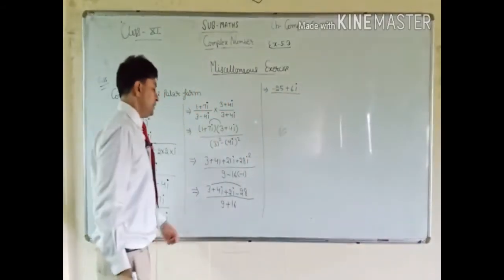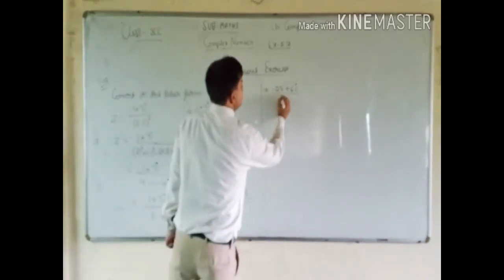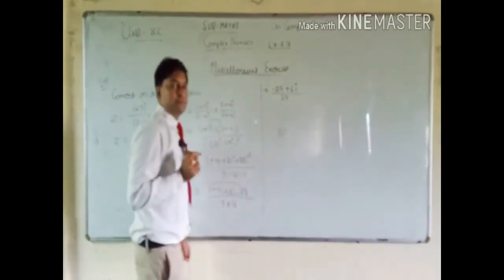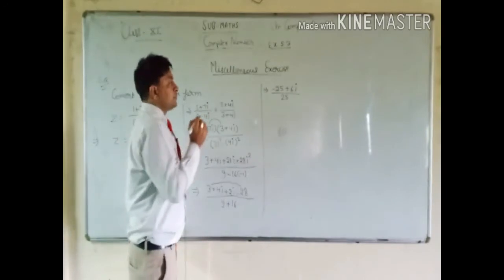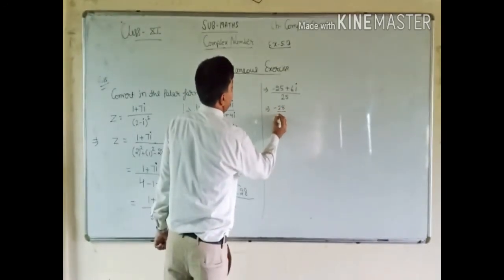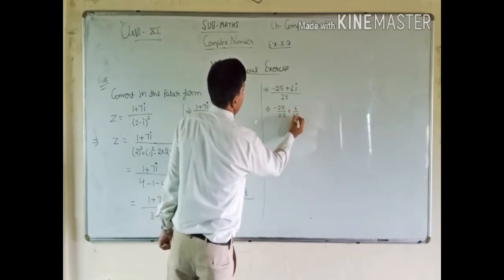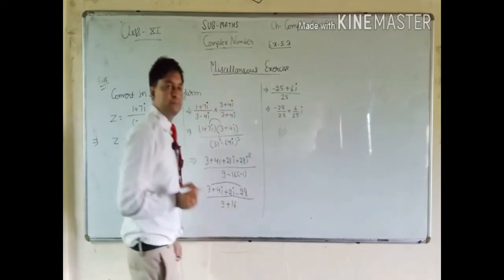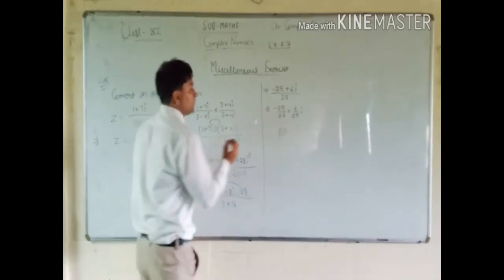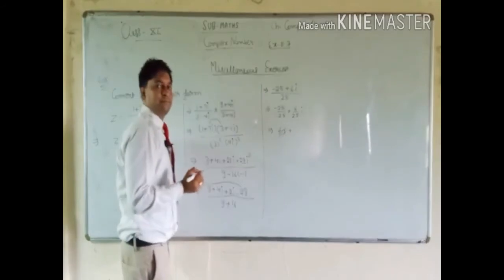Now it is divided by 25. Now −25 is divided by 25 plus 25/25 i. This is −1 plus.